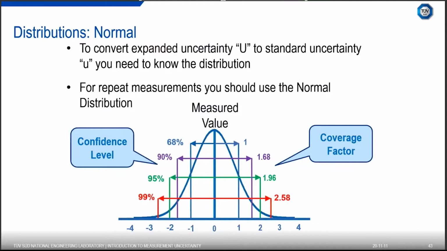So for repeat measurements, if you know the uncertainty quoted is based around a normal distribution, you can use standard uncertainties, or you can use the relevant coverage factor for the confidence level.